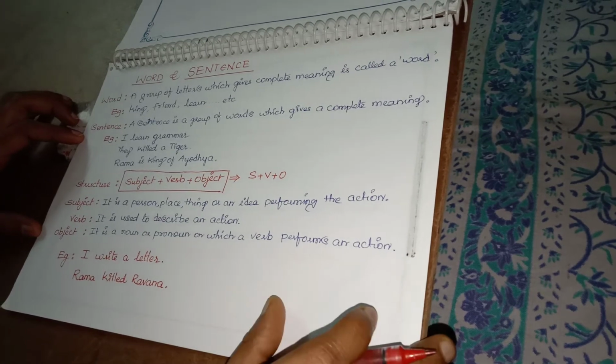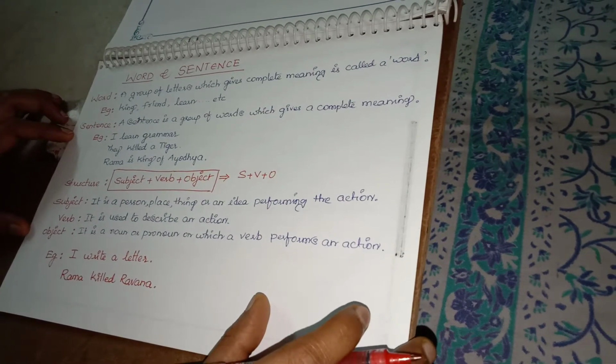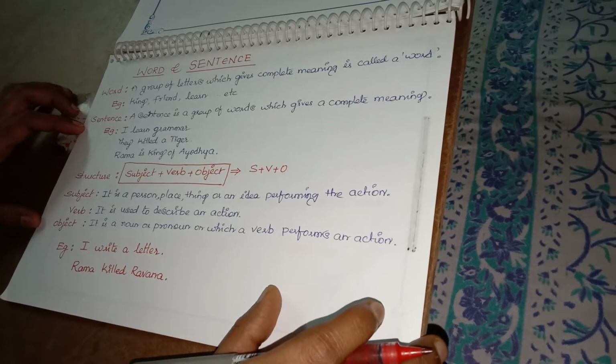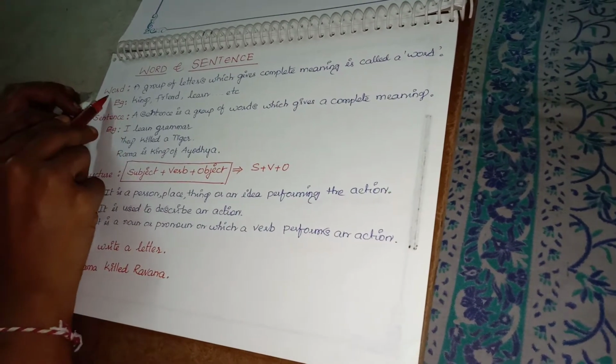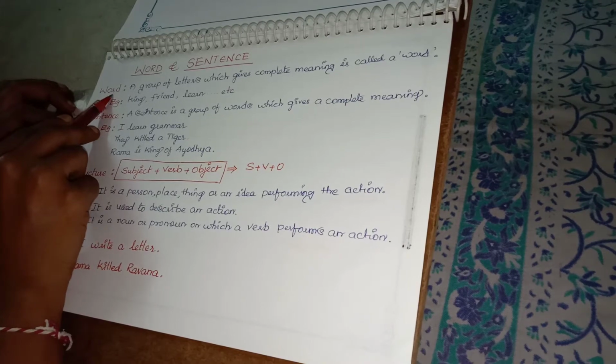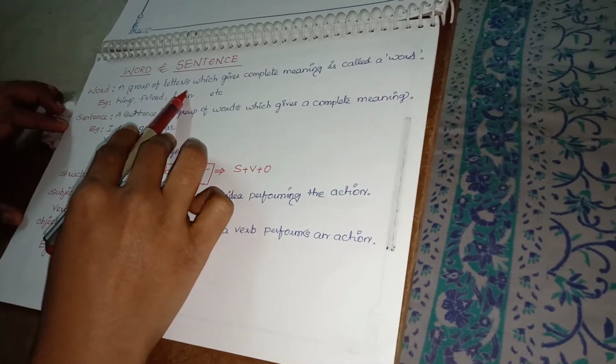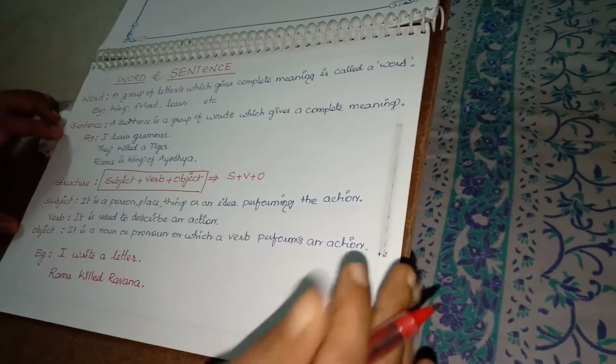So here I am sharing the different types of sentences available in English and how to make them. First, the definition of a word. We know that a word is nothing but a group of letters which gives a complete meaning.